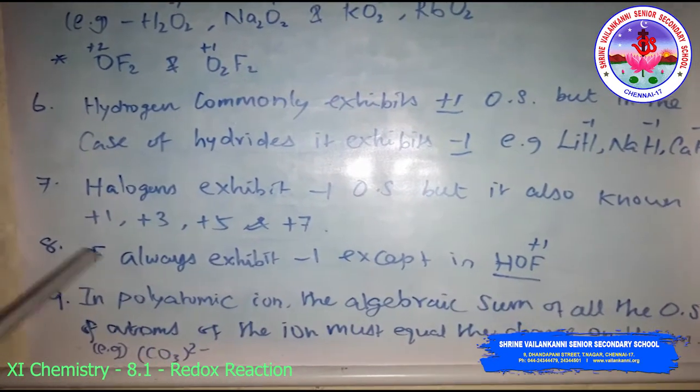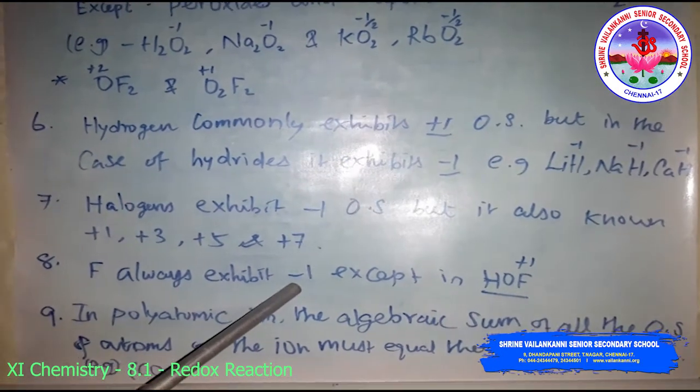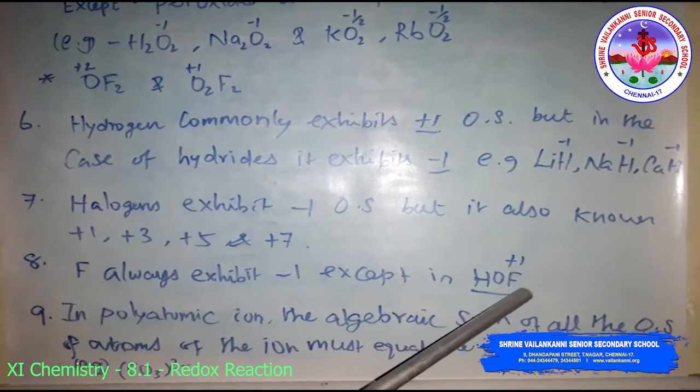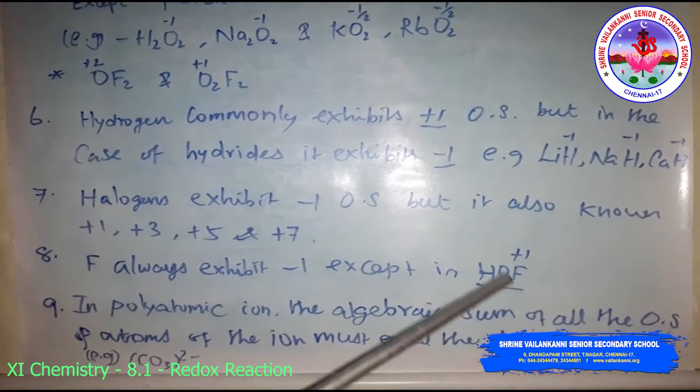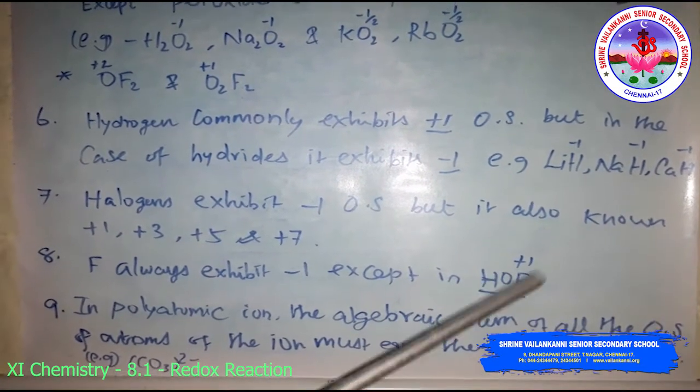In your textbook, fluorine always exists as -1 only, and the exception is hypofluorous acid, where fluorine is +1.